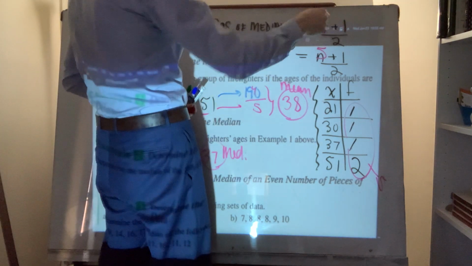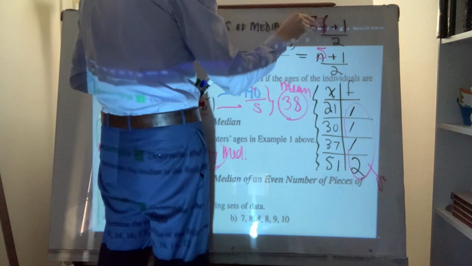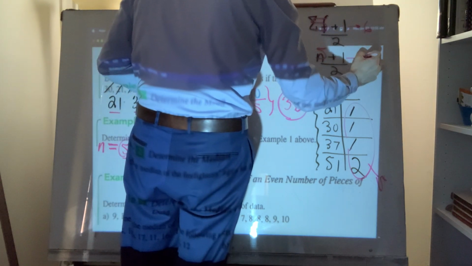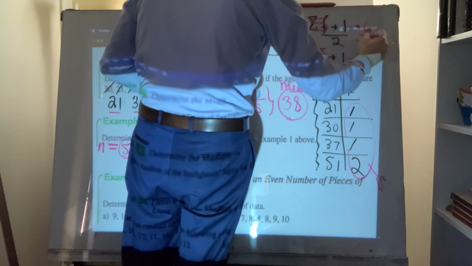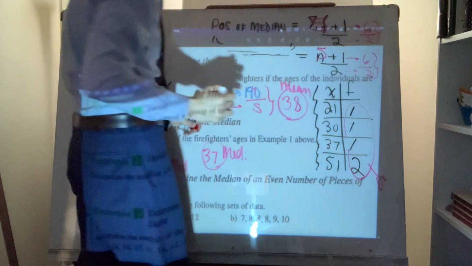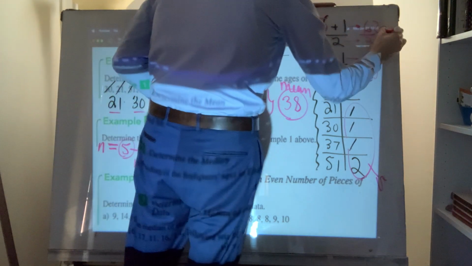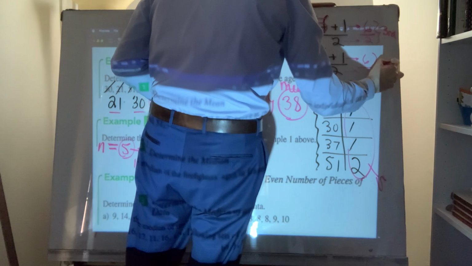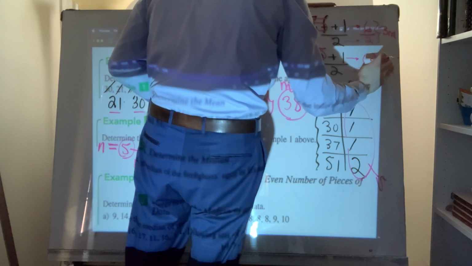Add the tops, divide by 2. 5 plus 1 is 6 in either case. Divide by 2, and what's half of 6? It's 3 as a numeral.